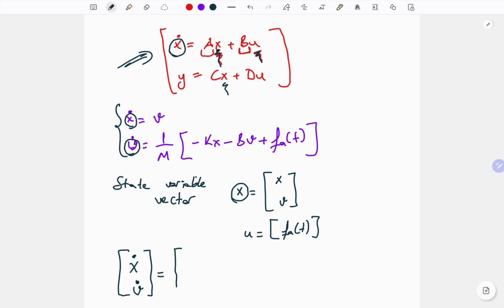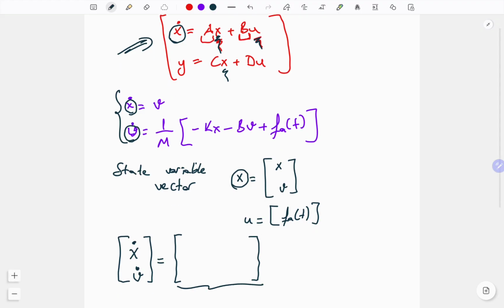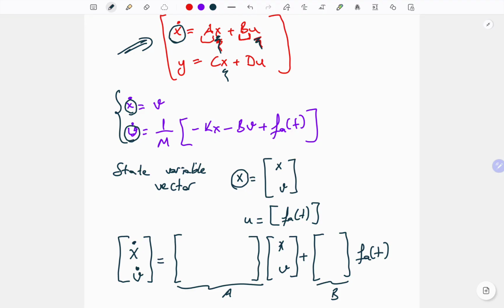Then we have the matrix A, the system matrix. Then x will come with the parameters of displacement and velocity. Then we will use B, the input matrix, and finally u, which is Fa here.